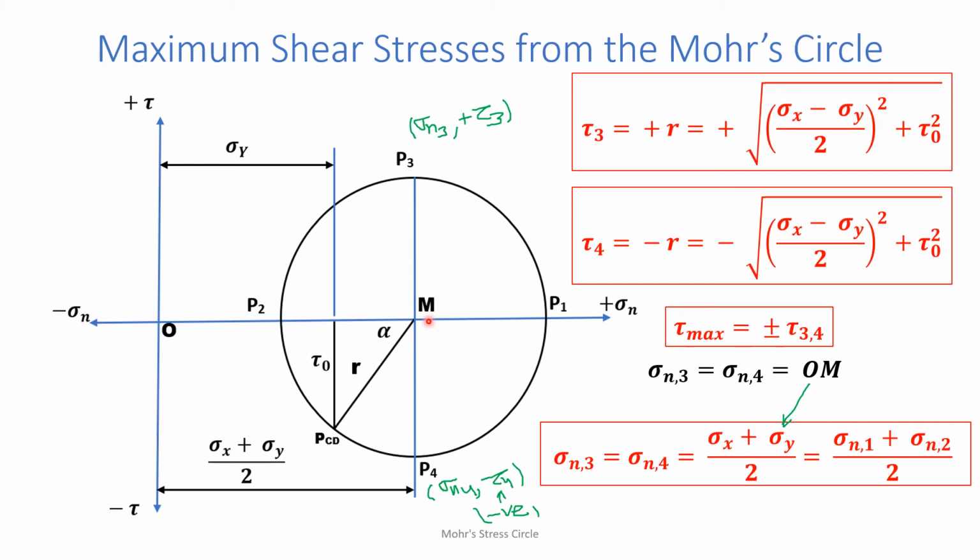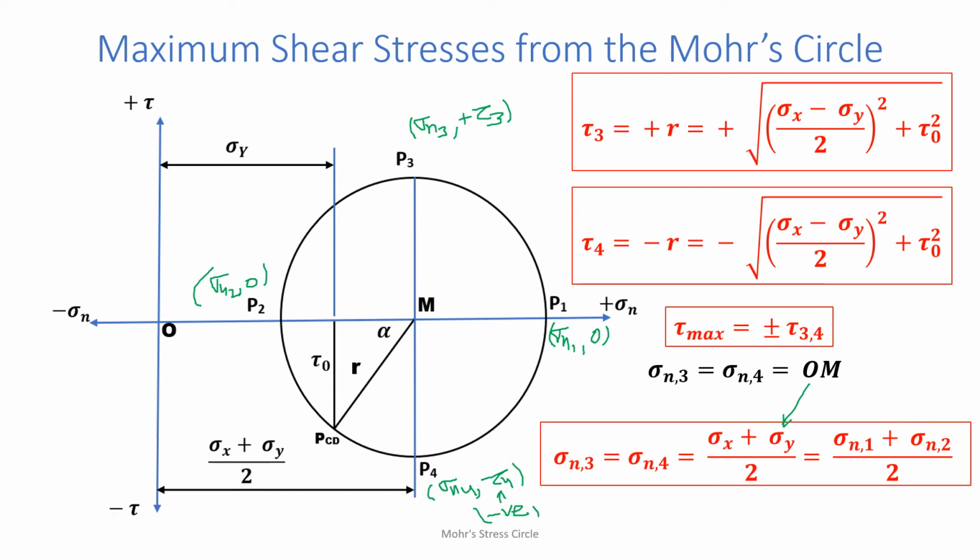Moreover, this M is at the mean position of the two principal stresses P1 and P2, because these stresses are sigma n1, the maximum direct stress, with shear stress 0 for this principal plane. For this it is the minimum, sigma n2, and shear stress is 0. So this is at the mean position. So simply, the direct stress on maximum shear stress planes can be taken as the mean of the two principal stresses sigma n1 and sigma n2.